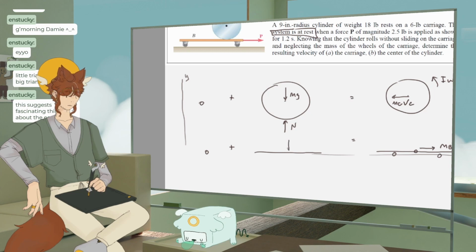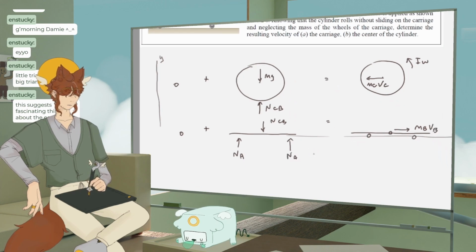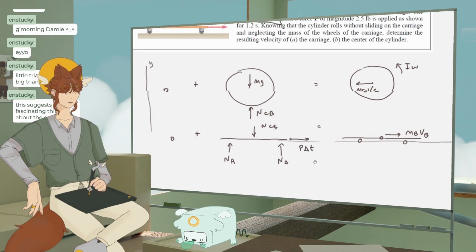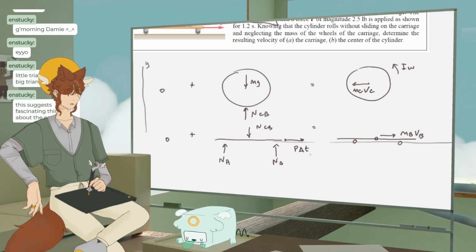I think we can generalize an N here, unless we want to say this is N_A or C, C_B. N_A, yes. And there's 2 wheels. And there's a P here, and that is certainly a P delta T. So we're neglecting the mass of the wheels of the carriage.